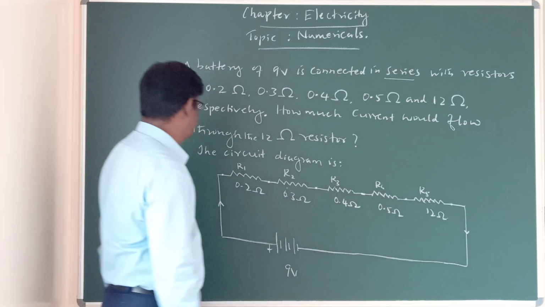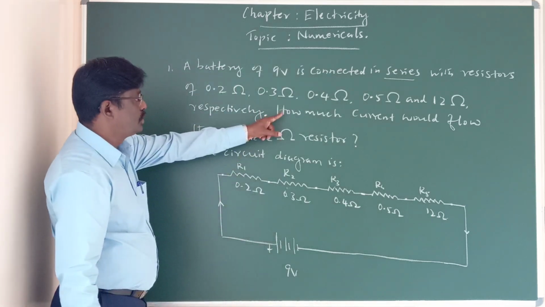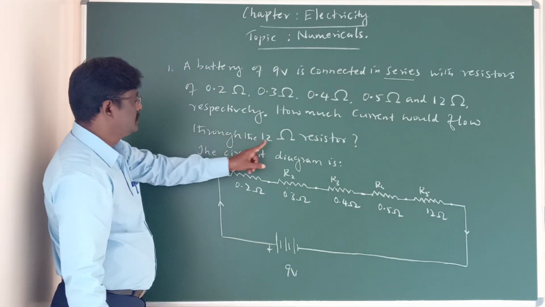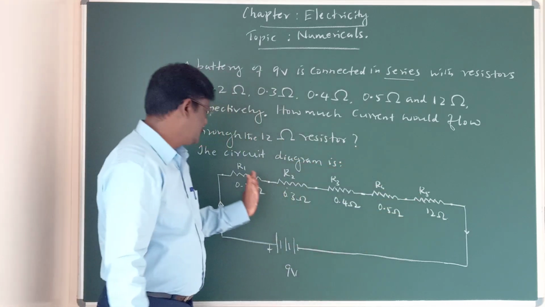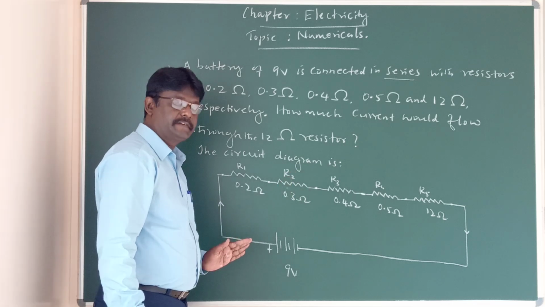Now the question is this: how much current would flow through the 12 ohm resistor? Here all the 5 resistors are connected in series.